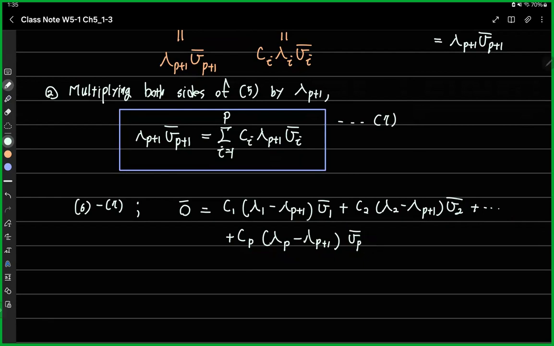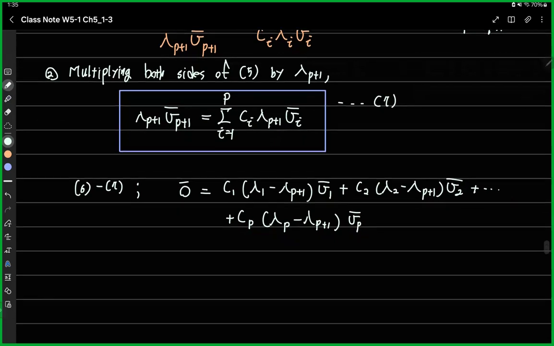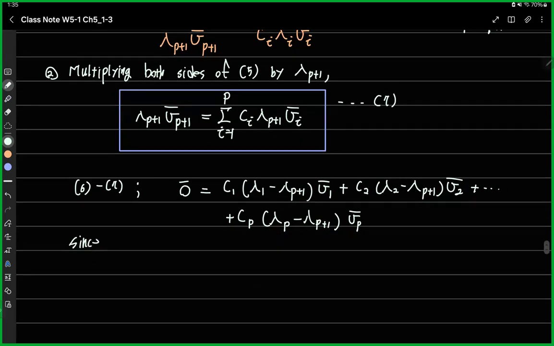We assume that V1 through VP are linearly independent, since V1 through VP is a linearly independent set.